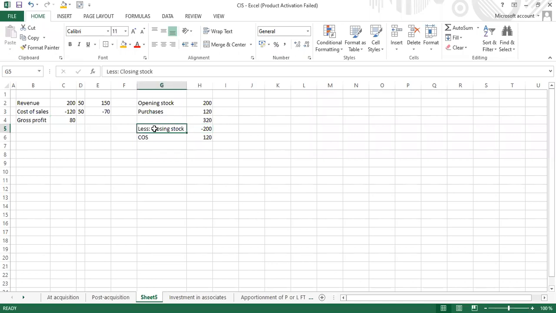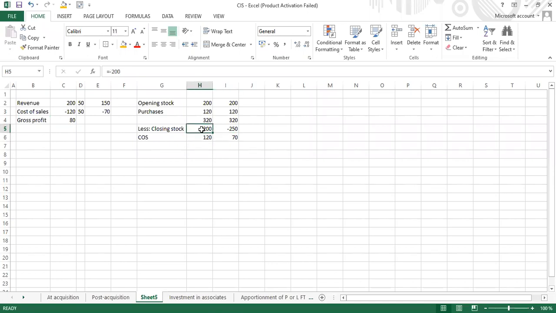That's the reason. For example, look at it now, let's assume everything here remains the same. If we tweak closing stock, let's say closing stock is 250, that means cost of sales will be 70. If cost of sales is 70, that means profit will be higher.